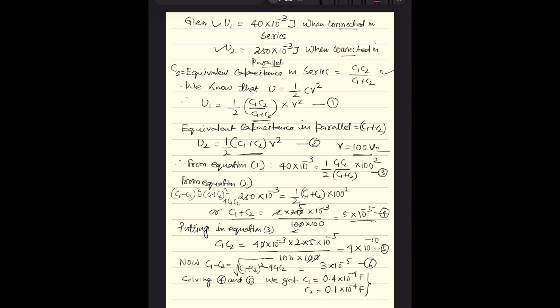If we calculate these two and then add C1 plus C2 and C1 minus C2, C2 cancels out and only C1 remains. Similarly, we subtract to get the C2 value. Thus we find that the first capacitance is 0.4 into 10 to the power minus 4 farad, and the second is 0.1 into 10 to the power minus 4 farad. Okay, we'll continue our discussion.